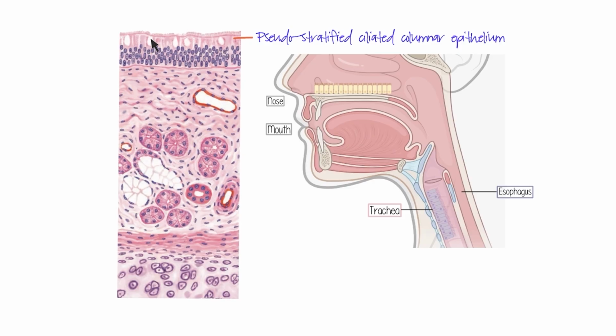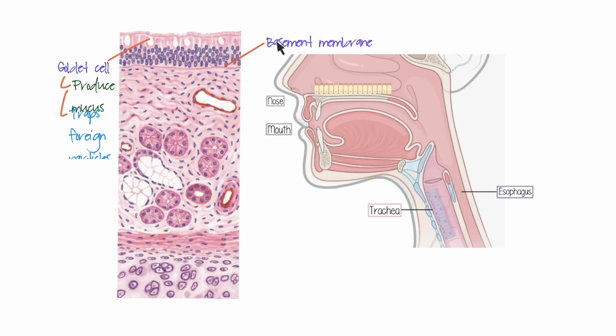Now, these cells here are called goblet cells, another familiar structure from the last lesson. If you'll recall, these cells produce mucus, and just like in the upper respiratory tract, the mucus here is also responsible for trapping any foreign particles that made it all the way to the trachea. The mucosa rests on something called the basement membrane, which separates it from the next layer, the submucosa.